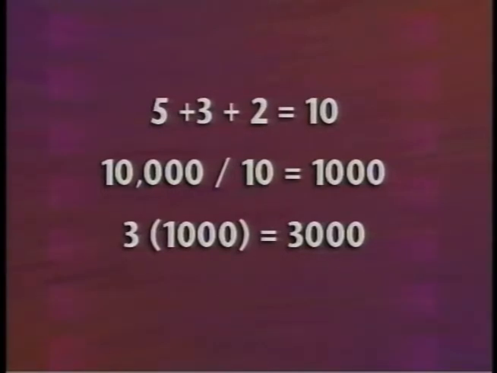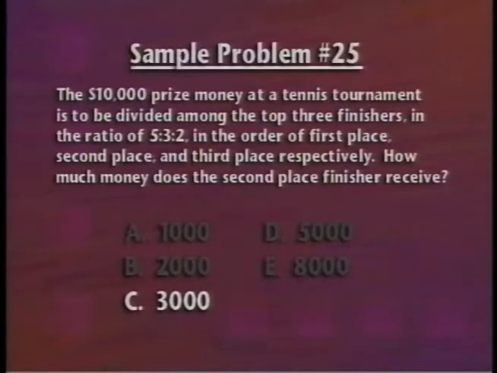Now let's divide the total amount of money by the total number of parts. $10,000 divided by 10 equals $1,000 for one part. The second place finisher receives 3 parts of the total, or 3 times 1,000 equals $3,000. Answer C.